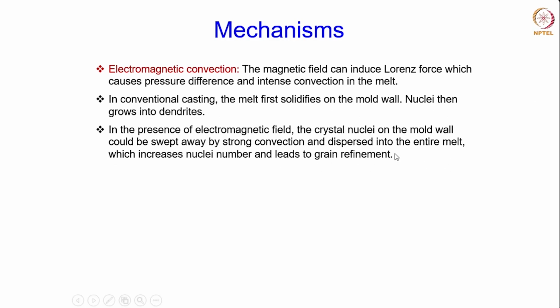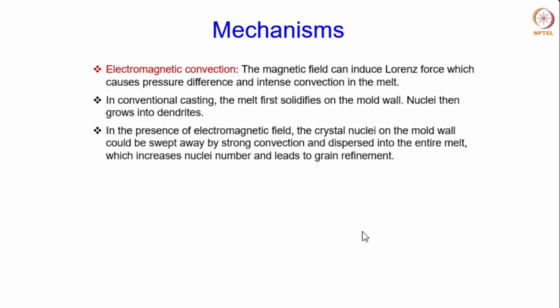Okay, so the process of grain refinement comes due to the presence of a magnetic field which induces a force leading to a pressure difference and creation of convection in the liquid metal. So this is another way of grain refinement in the liquid metal with the help of some forces that can create vibration or agitation in the molten metal.